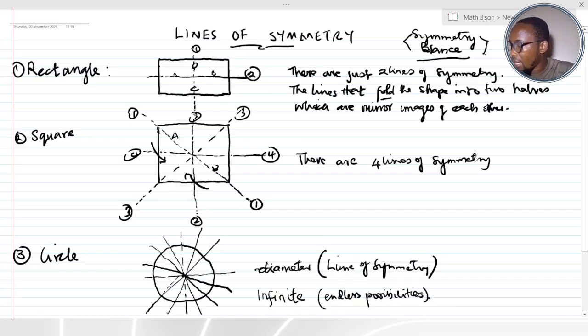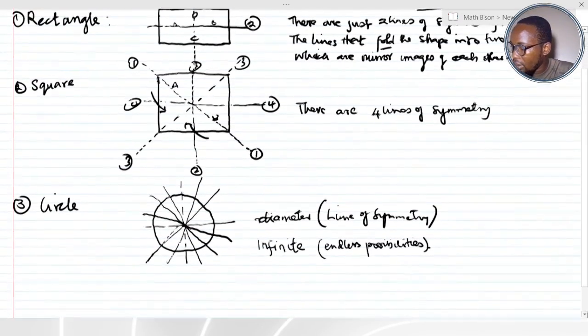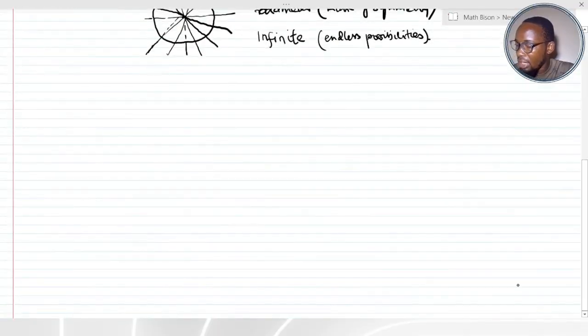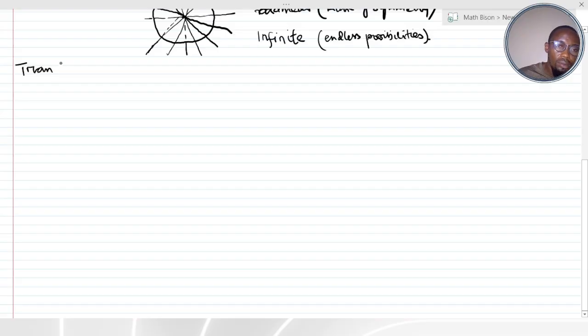All right. The last one I'm going to talk about before we try some things on the mirror will be the equilateral triangle. It's the type of triangle that has equal lateral sides.